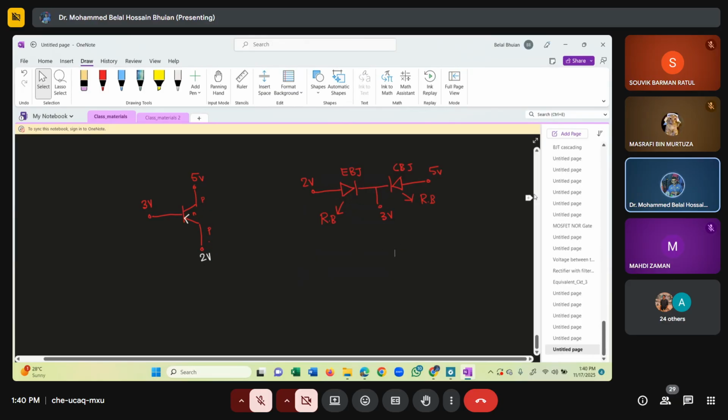Okay, so a PNP BJT, base 3 volt, collector terminal voltage 5, and the emitter 2 volt. So again, check the EBJ.